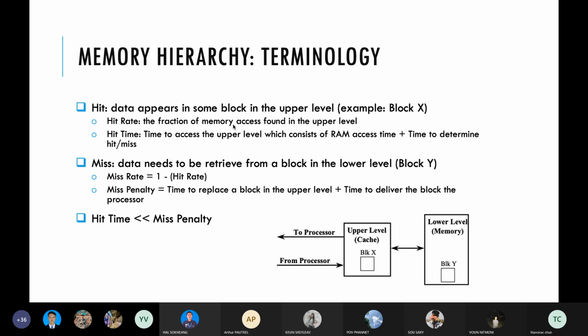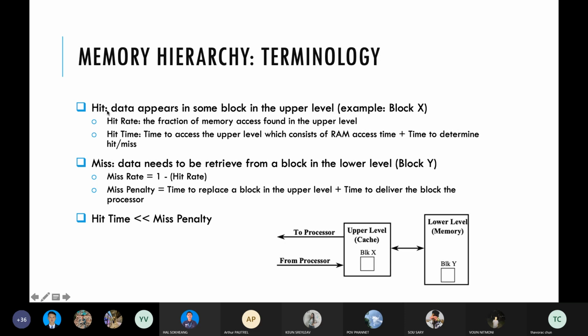But the point is, if the CPU can find the data it requires, we call it a hit. The request is a hit. But if the data is not found inside the memory or maybe inside cache, we call it a miss. The request is a miss. So in the future, if you see that the request is a miss, it means that the CPU is making a request to some level of memory, but it cannot be found.